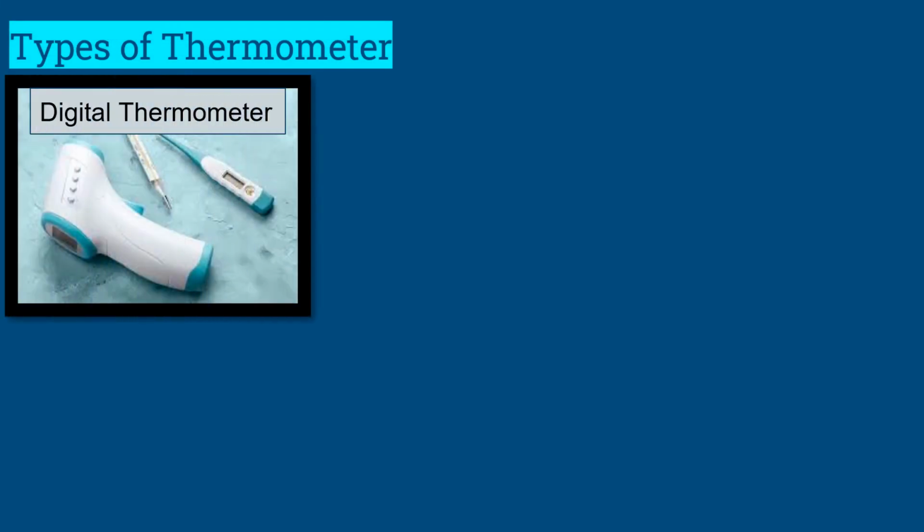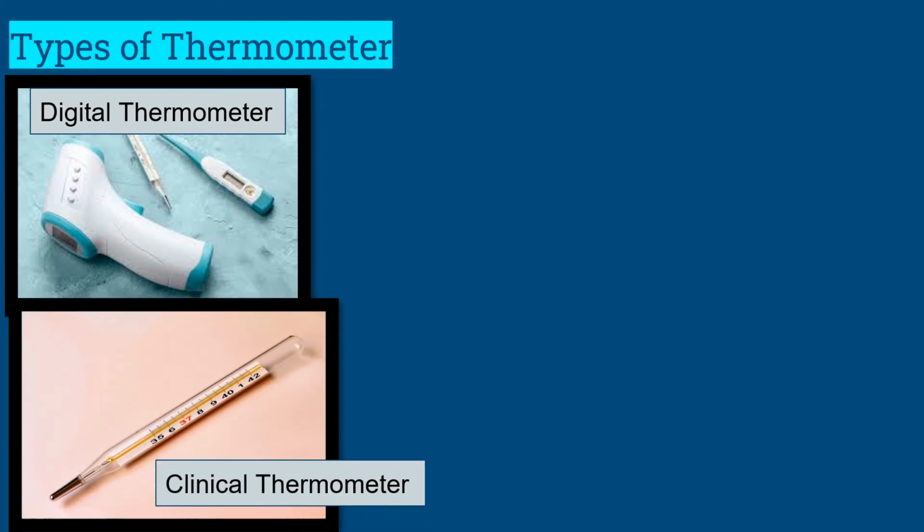Let us look at the types of thermometers that we have. First are digital thermometers, which use sensors to measure the temperature, and the temperature is displayed on an LED screen. Another one is the clinical thermometer.